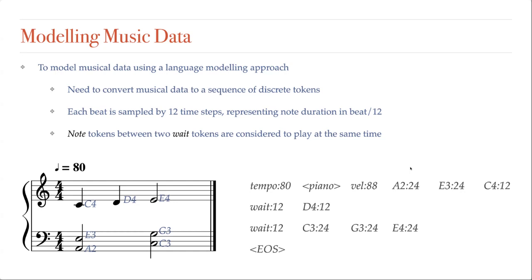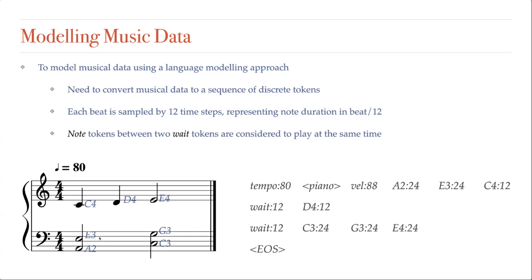We use a model very similar to what Magenta used in the past, but differently, we sample the tokens based on a fraction of the beat. So it's closer to how you read a music score. For example, here you've got left hand, right hand. Then we read from lower pitch to higher pitch notes, and from left to right.